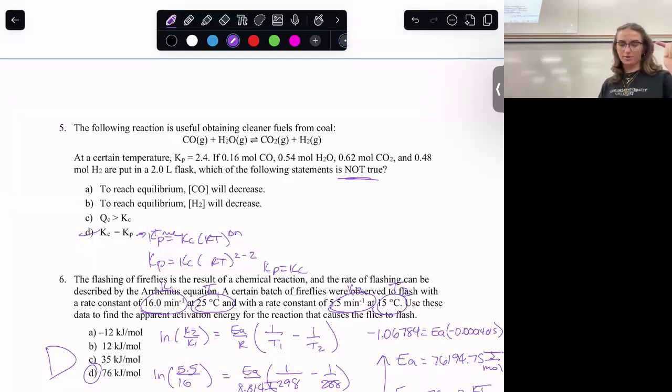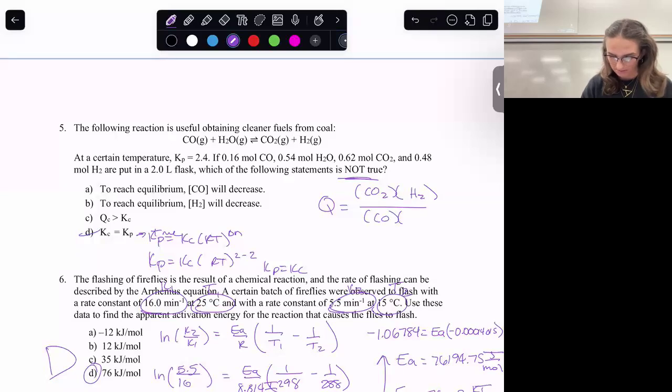For choice C, we have Qc is greater than Kc. How would we check that? Just solve for Q, right? So Q is going to be the same setup as K. We have CO2 times H2 divided by CO times H2O.